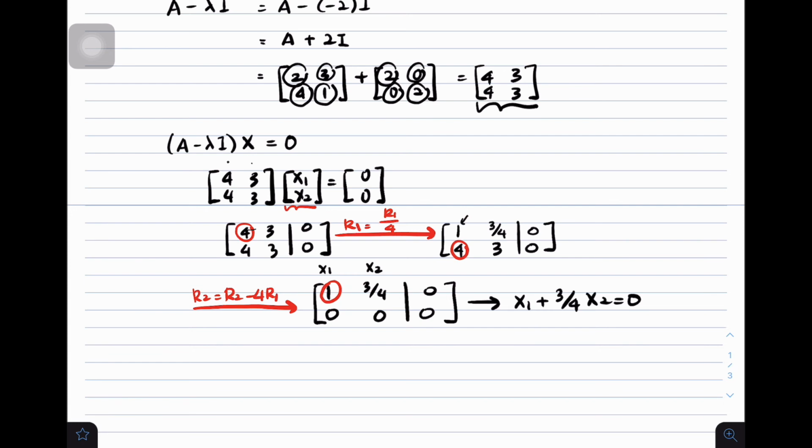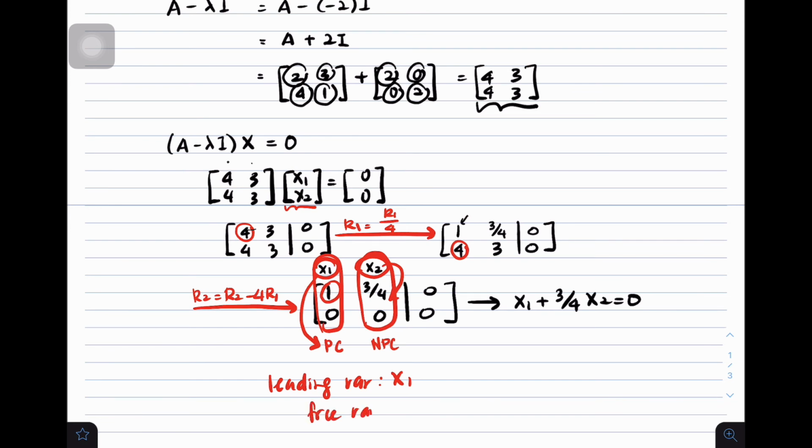So this column is called the pivot column, and this column is called the non-pivot column because there is no leading one here. The variable that belongs to the pivot column we call the leading variable, so our leading variable here is x1. And the variable that belongs to the non-pivot column we call the free variable, so the free variable is x2.